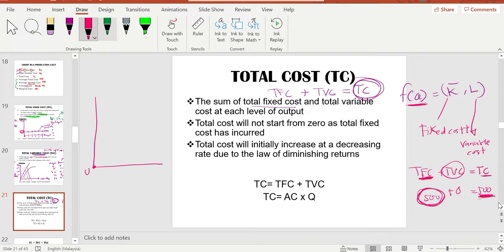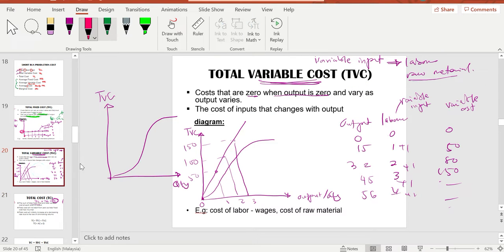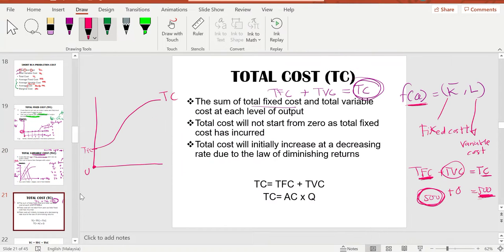So basically the drawing is, you just need to know where is the total fixed cost start, okay, and then you just draw it. This is TC. Sama tak saya katakan macam rupa TVC, ni saya lupa nak label. Make sure every time you draw you label, or else you tak dapat markah. Okay, don't forget to label everything, the axis and also the curve that you are drawing. Okay, are you okay with that?